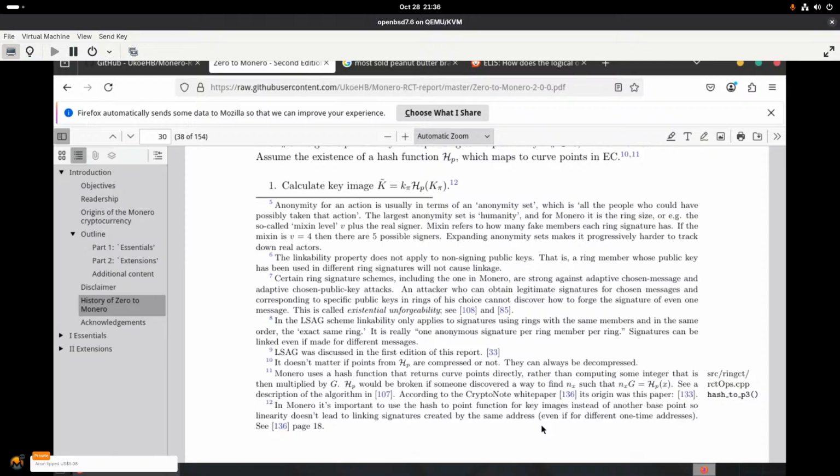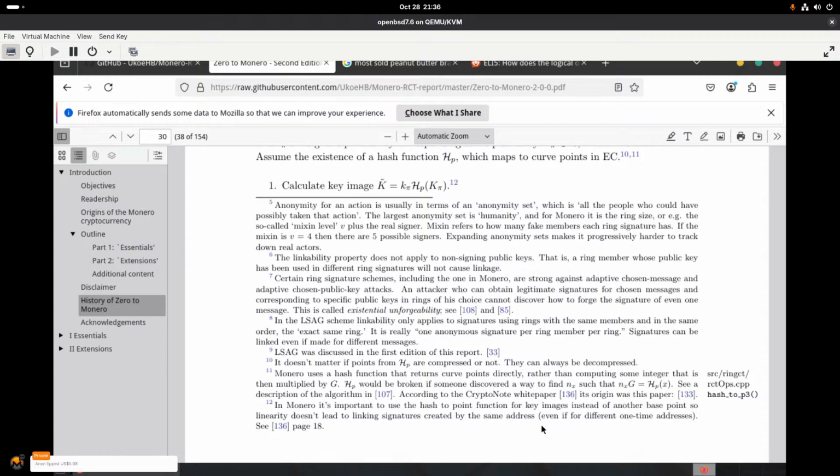An attacker who can obtain legitimate signatures for chosen messages and corresponding to specific public keys in rings of his choice cannot discover how to forge the signatures for even one message. This is called existential unforgeability, [108] and [85].